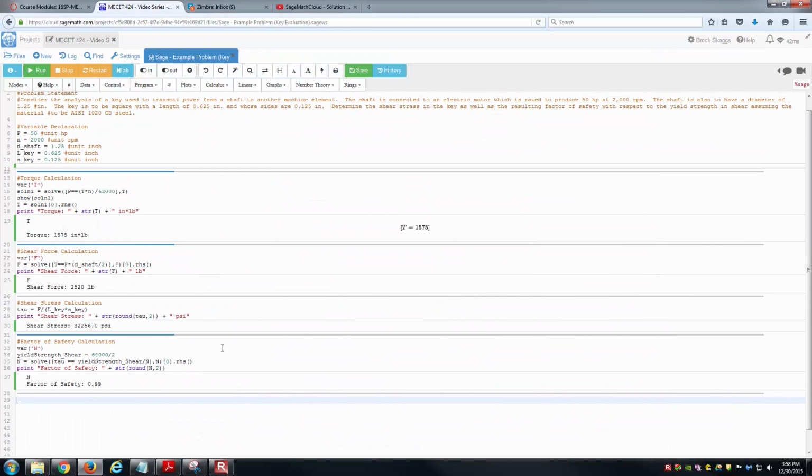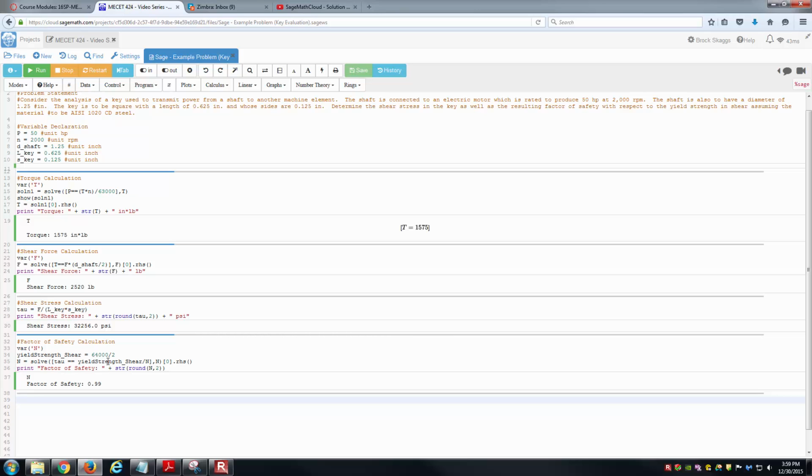And so you can see this process of using Sage mirrors the hand calculation just one right after another. Some of the solve commands are somewhat tedious almost. Some of the things we're doing, like this item down here, it would just be pretty easy to say n is equal to the yield strength in shear divided by tau.